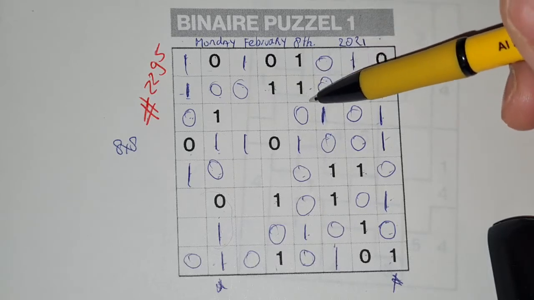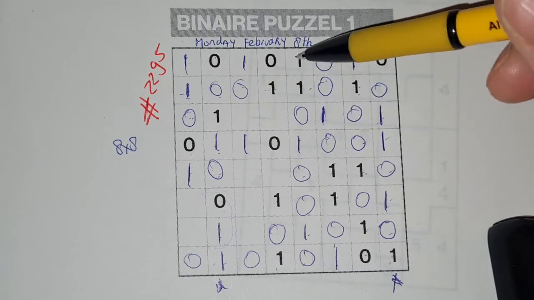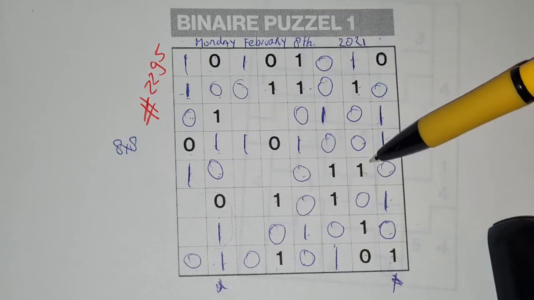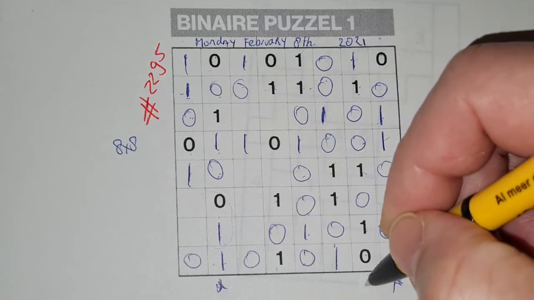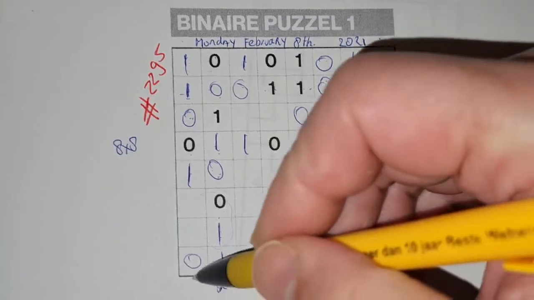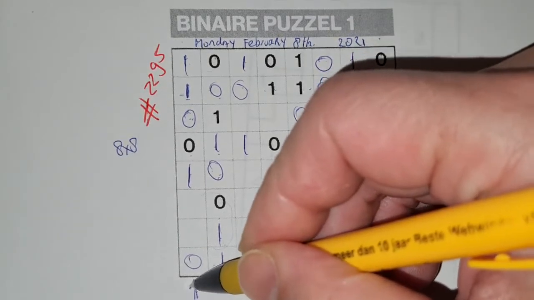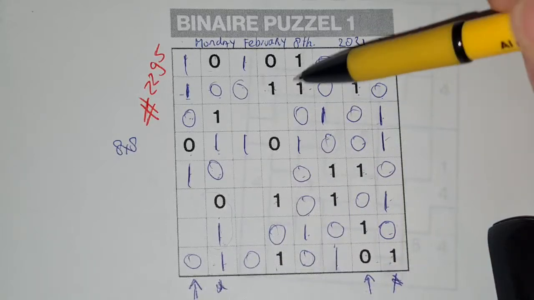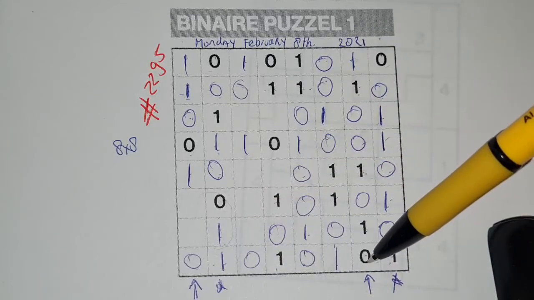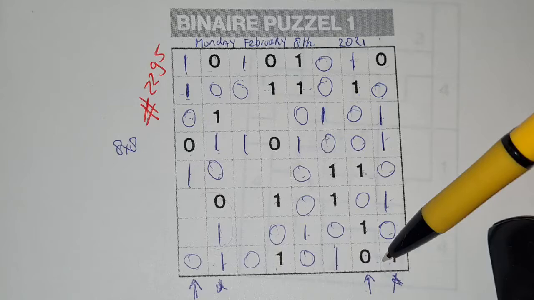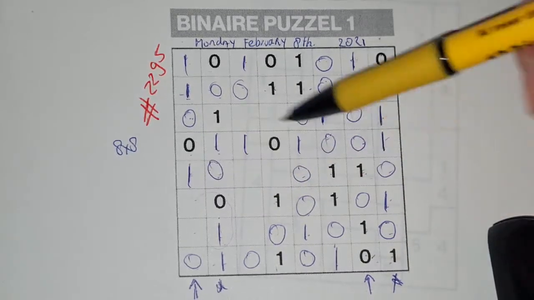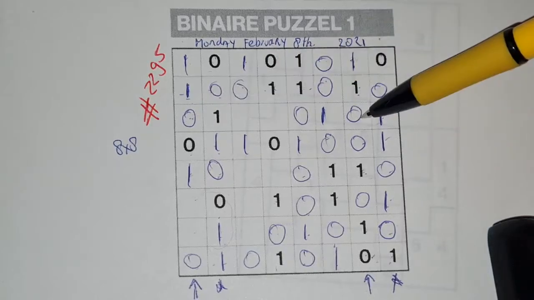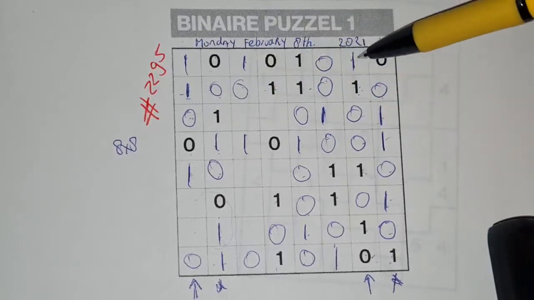Do we have a double one here? Double one. Oh, yeah. This column and the first column. O, empty box, 1, 1, O, 1, 1, 1, 1.